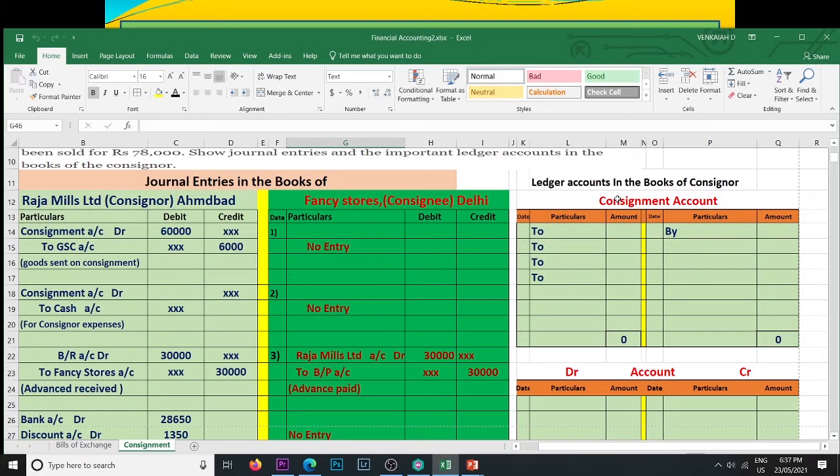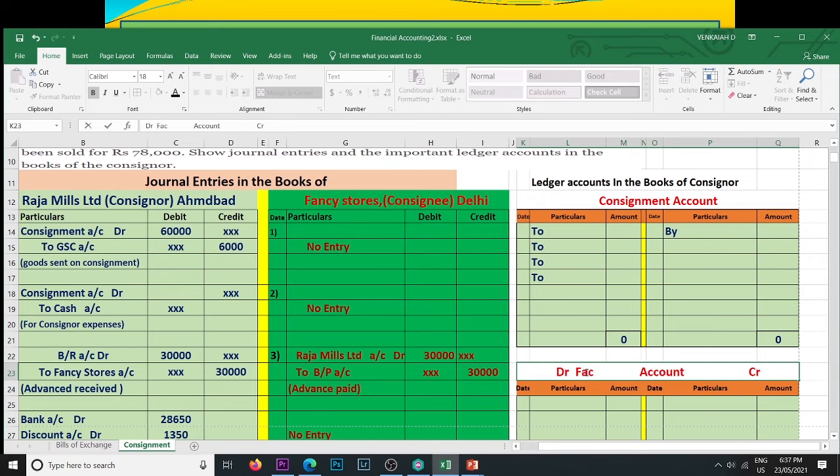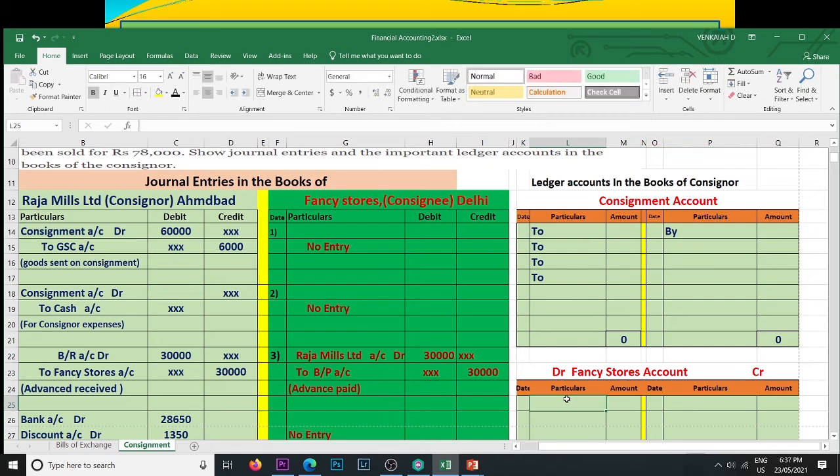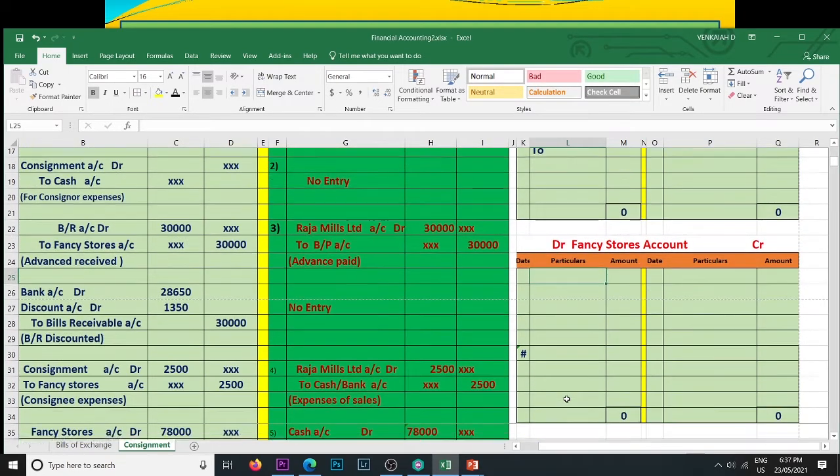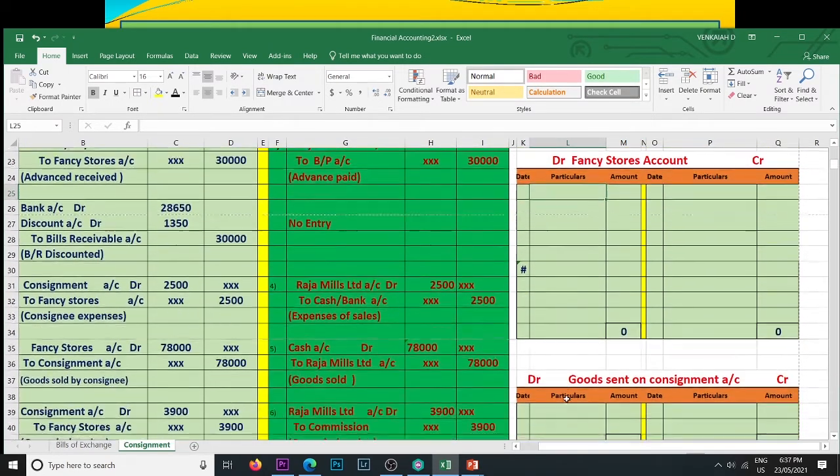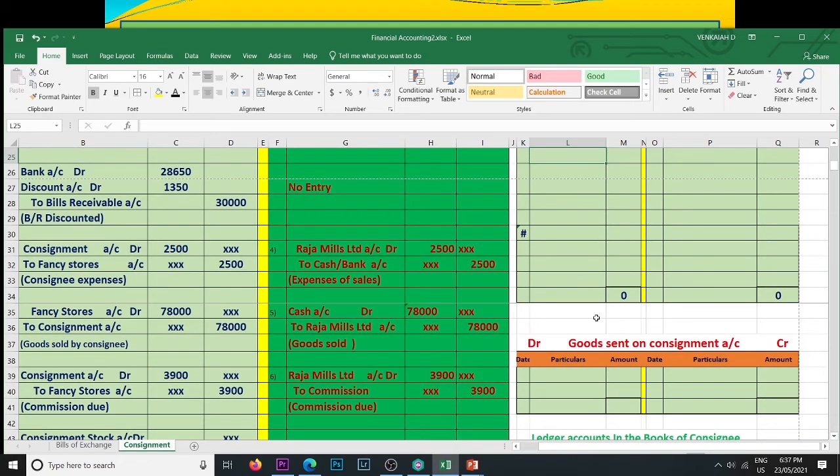Yes, consignment account opened. We are entering here. Then consignee name is Fancy Stores Limited account. Next to goods and consignment account. Yes, it is 3 accounts.